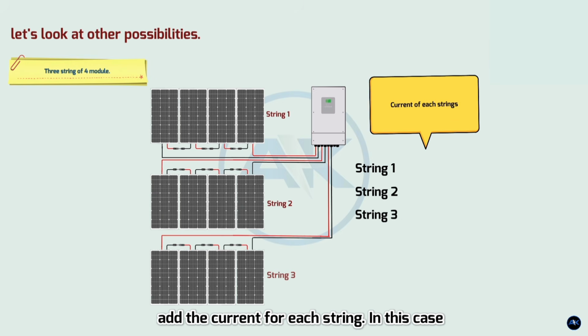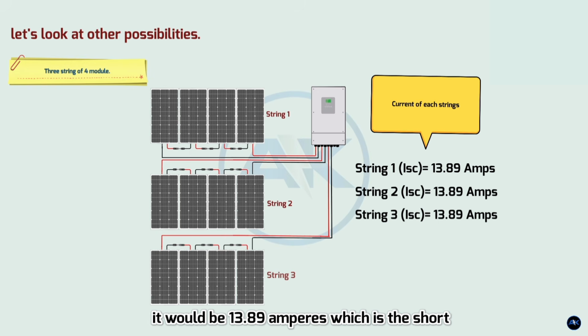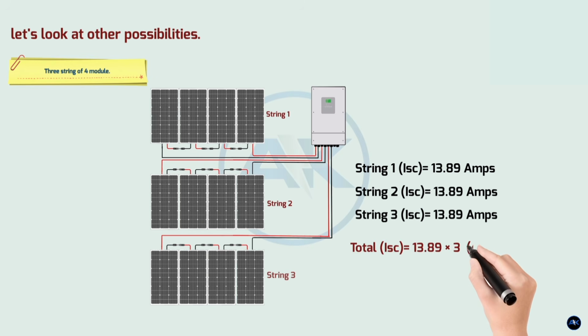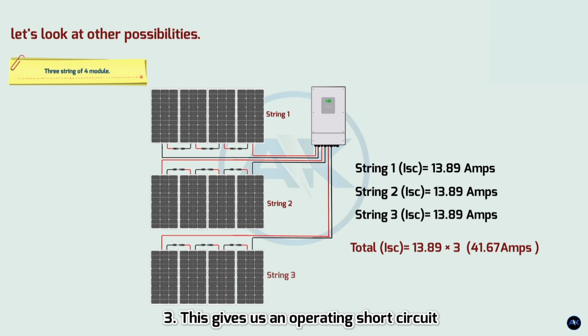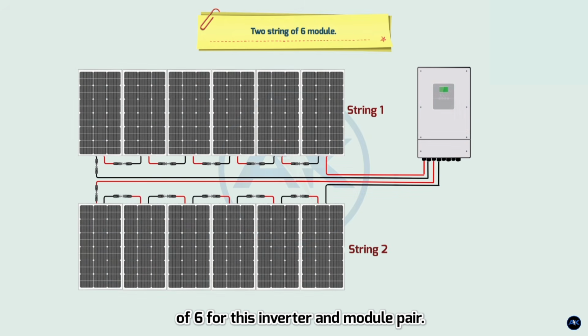However, we need to add the current for each string. In this case, it would be 13.89 amperes, which is the short circuit current for each string, multiplied by 3. This gives us an operating short circuit current of 41.67 amps, which exceeds the maximum input. This means that we cannot have 3 strings of 4, and our only option in this case is 2 strings of 6 for this inverter and module pair.